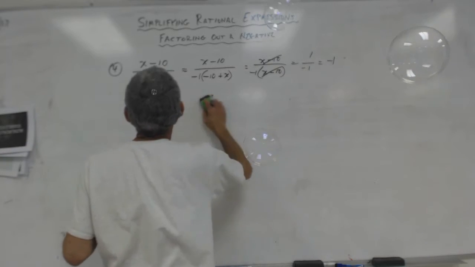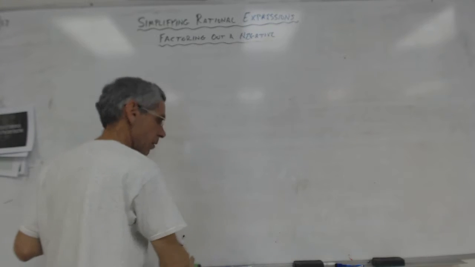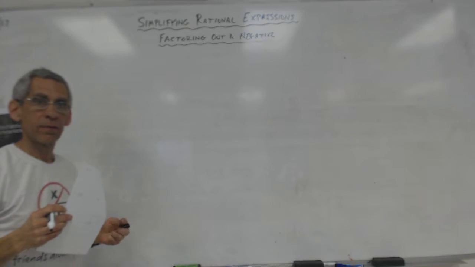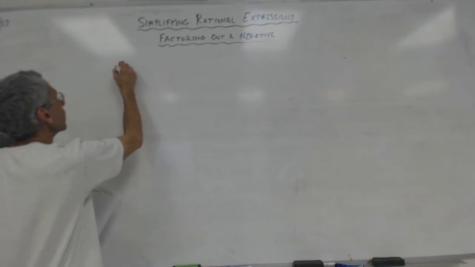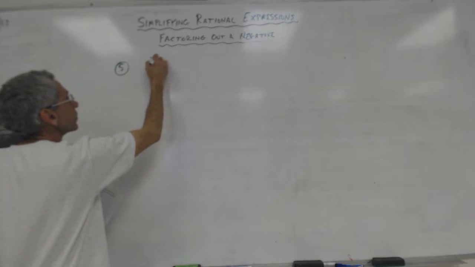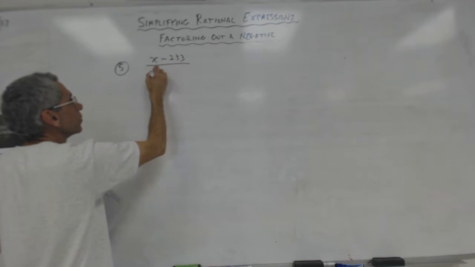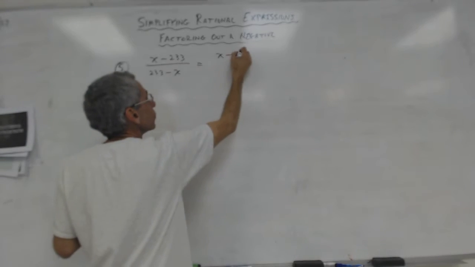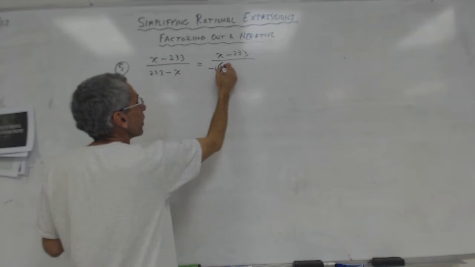If it's x minus 233 over 233 minus x, will that be negative? Then it would be x minus 233 over negative 1 times, now the x is positive.